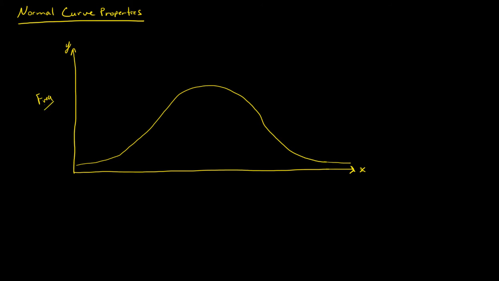Most often this x-axis is some kind of continuous variable, a continuous random variable x, and this is going to follow this kind of normal bell shape that we have become familiar with. So what we want to do here is discuss what some of these properties are.